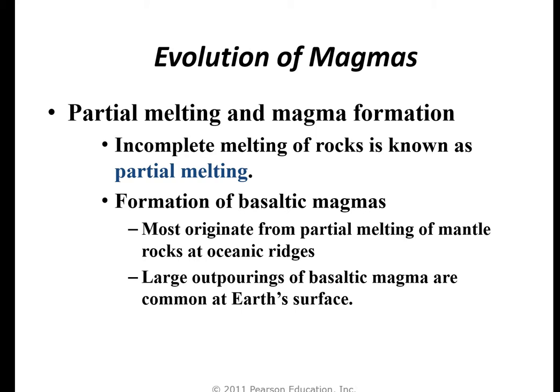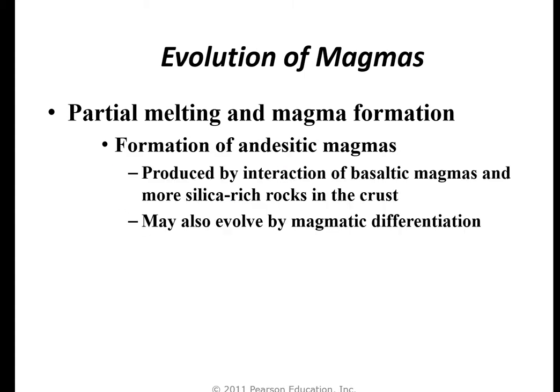Partial melting and magma formation. Incomplete melting of rocks is known as partial melting. Most basaltic magmas originate from partial melting of mantle rocks at oceanic ridges, and large outpourings of basaltic magma are common at the Earth's surface. Andesitic magmas are produced by interaction of basaltic magmas and more silica-rich rocks in the crust.